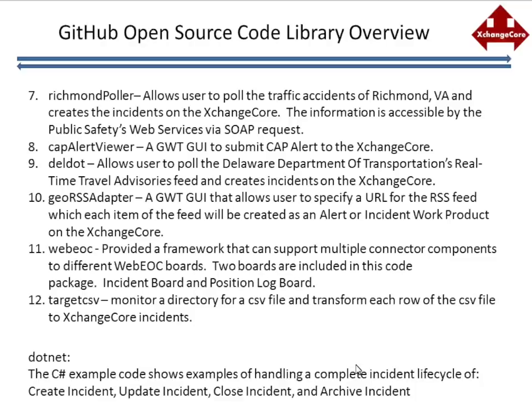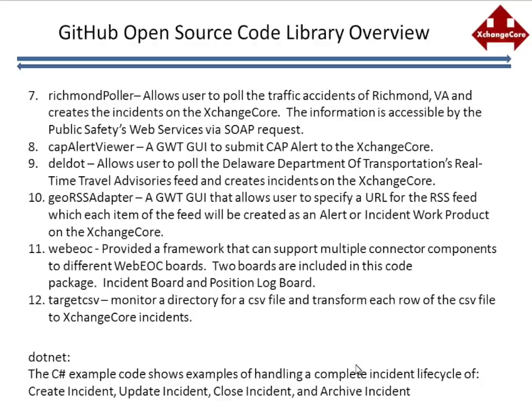You could do it manually or in an automated fashion, but if you create a directory, you can put a CSV file in there, again, either automated or manually, and then the connector will monitor that every so many minutes based on configuration setting, and add the incidents to the XchangeCore.